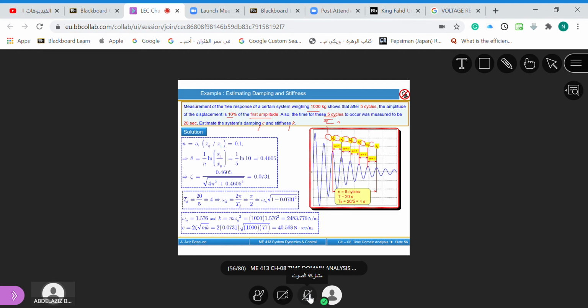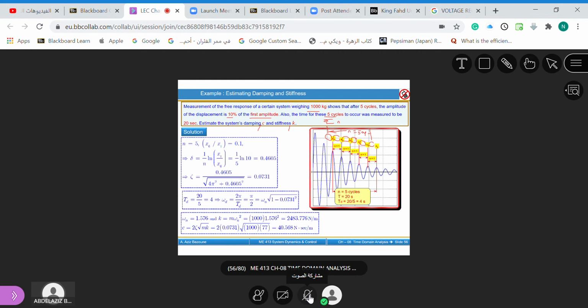So from X1 to X6, N is equal to 5 cycles. When we go up to 5 cycles, we will go to Xn plus 1. So this one will be X6.